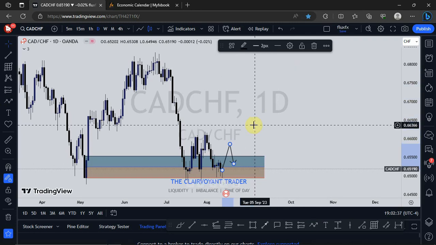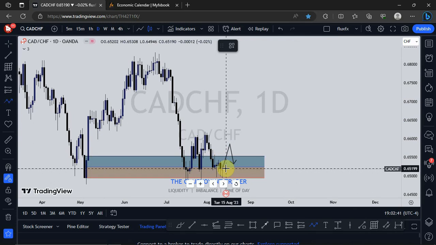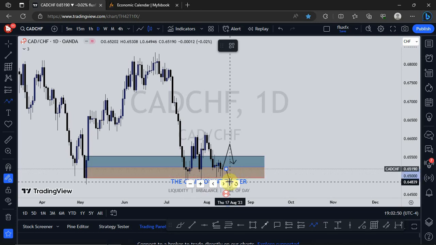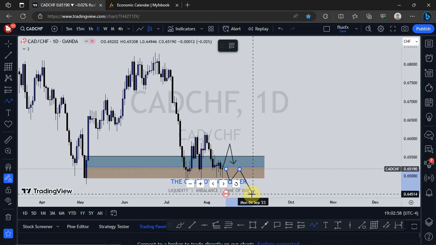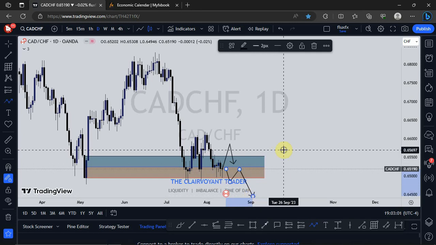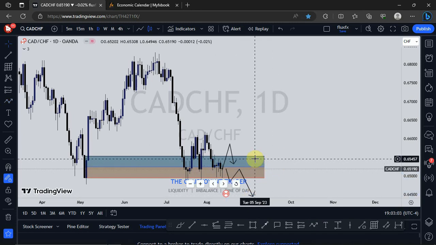If CAD CHF gives us this price formation, violating this order block completely, or even going right away from the discount zone, and we see price closing within here, then we see price moving to the downside. Definitely it will tell us a weaker CAD and a stronger CHF.